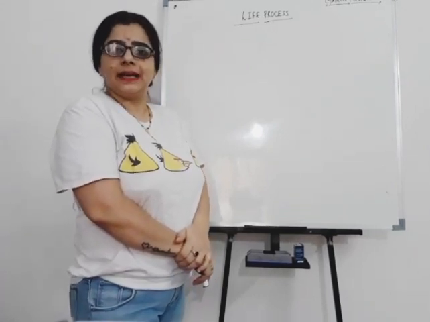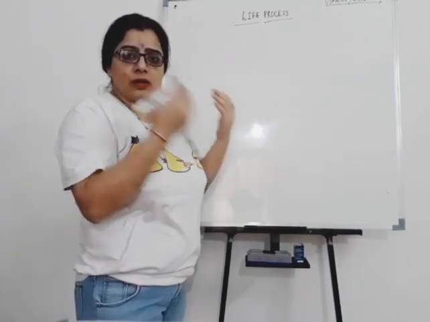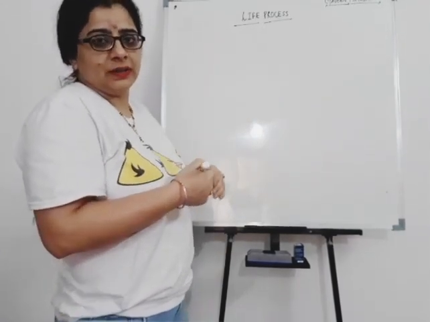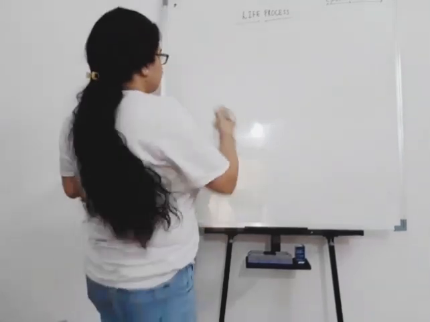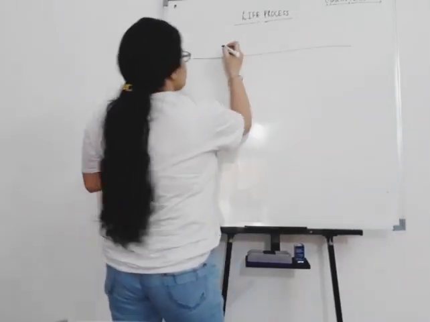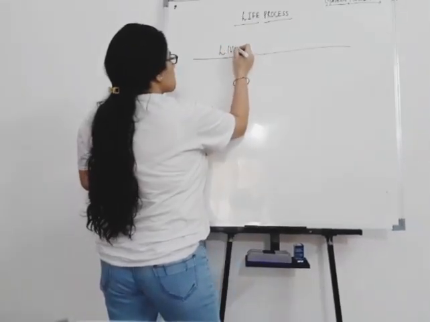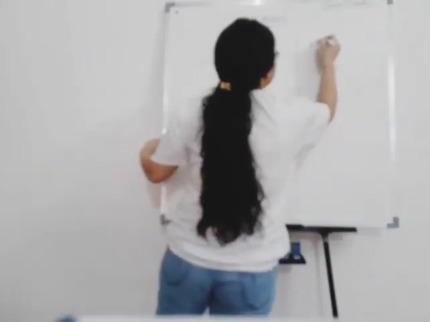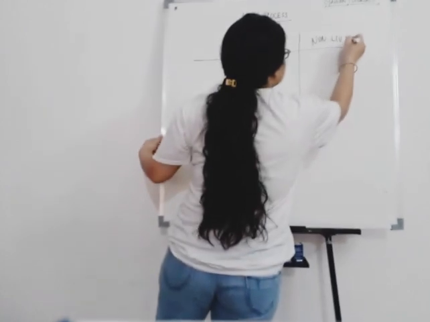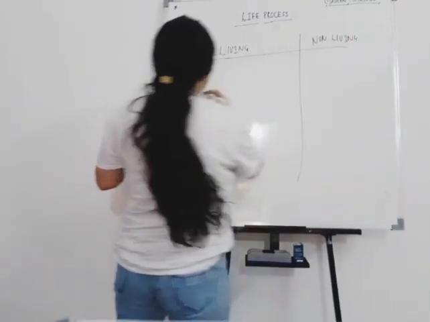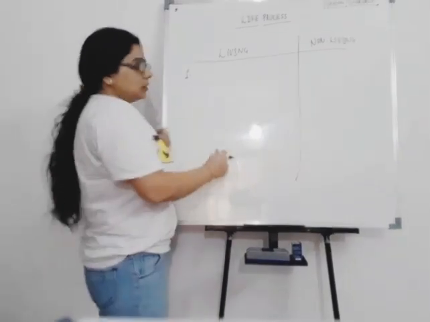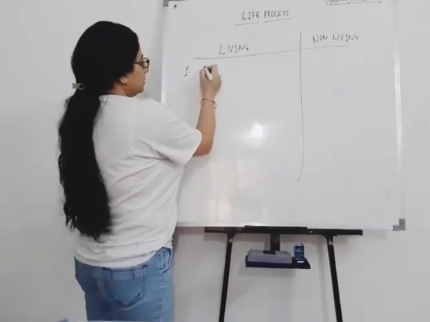So there are certain characteristics which make any organism different from being dead or non-living. Let's study the characteristics. The first characteristic is all the living organisms are made up of cells.